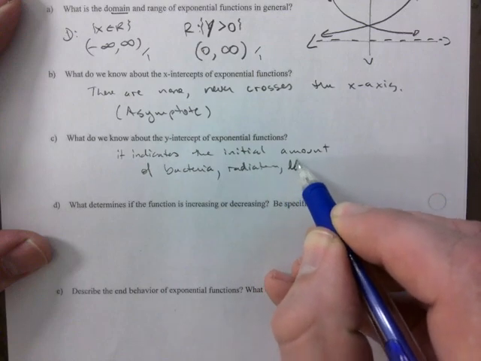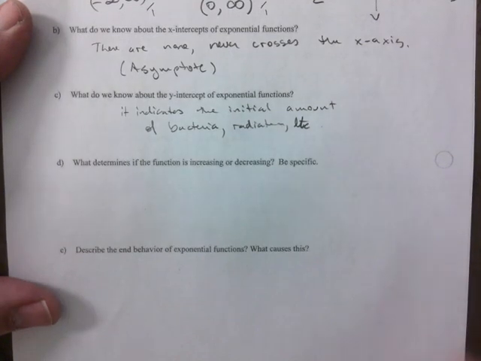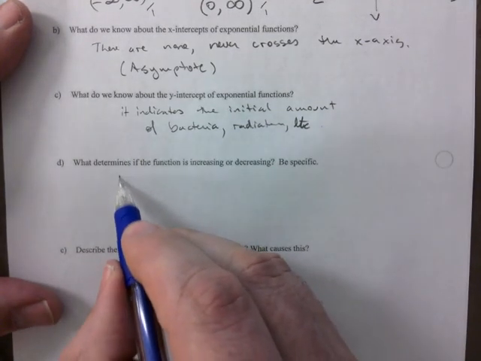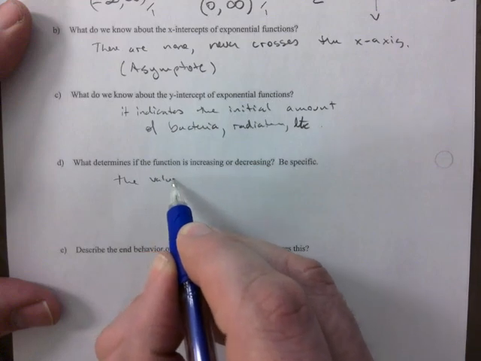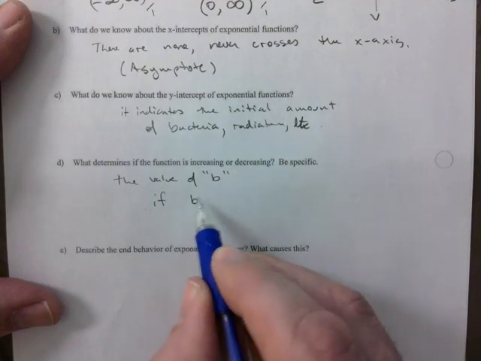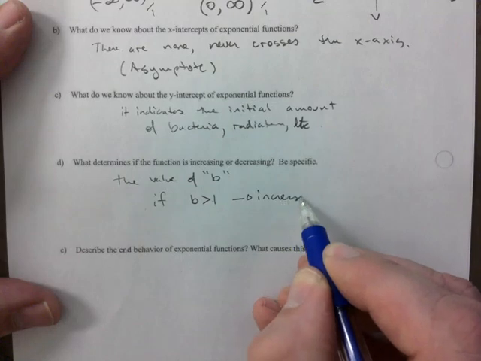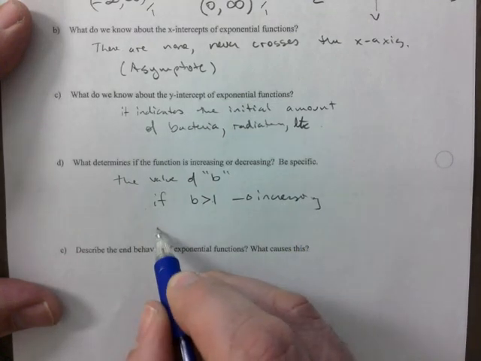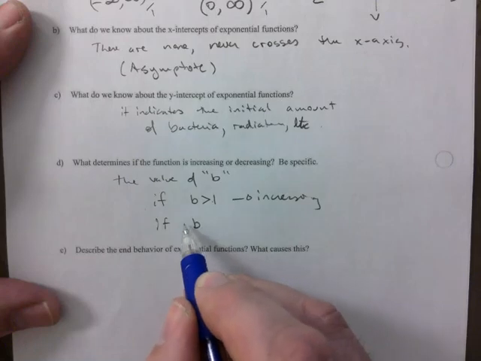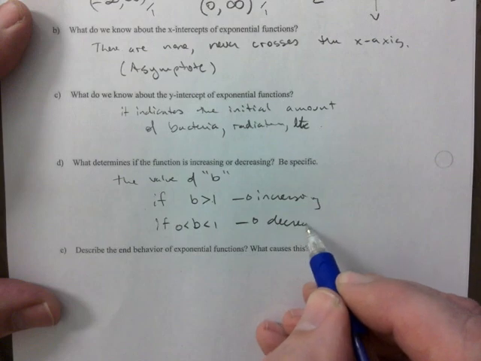Okay. What determines if the function is increasing or decreasing? The value of b. If b is greater than 1, it's increasing. If b is between 0 and 1, decreasing.